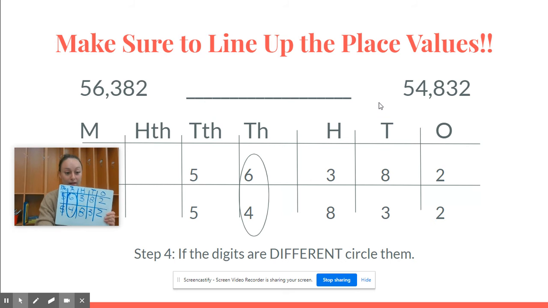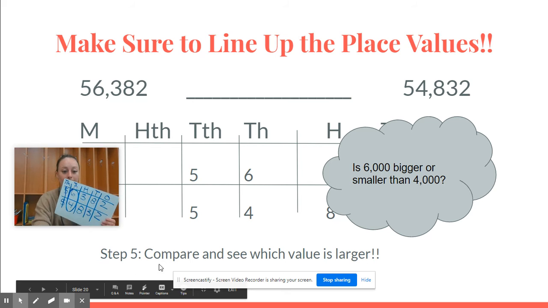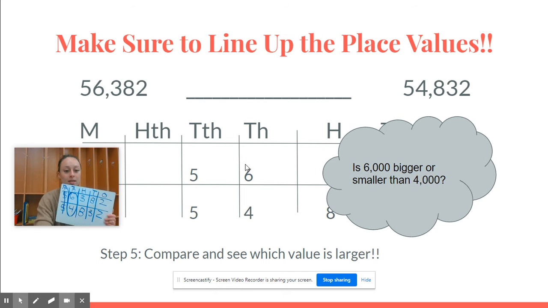Okay. Now that I circled it, I took care of step 1, step 2, step 3, step 4. Now we're going to go to step 5. Compare and see which value is larger, okay? So now I'm thinking I have a 6 in my thousands place and a 4 in my thousands place. Is 6,000 bigger or smaller than 4,000?